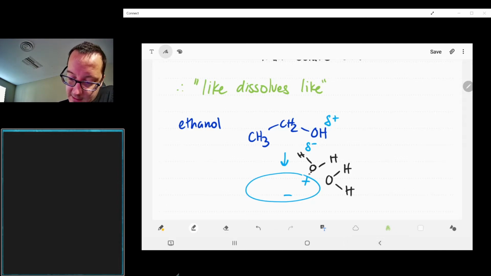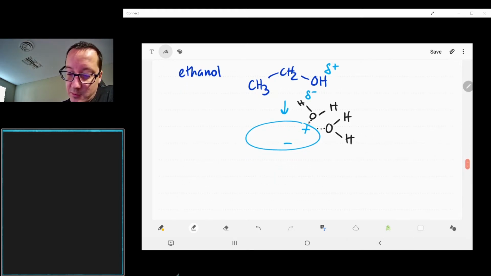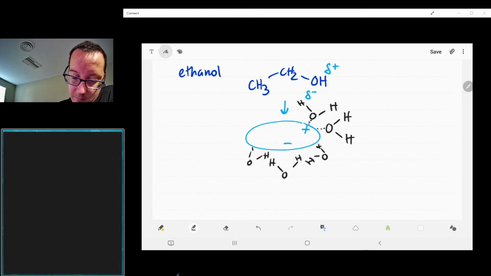In this case, the negative oxygens are attracted to the positive hydrogen there, or whatever it is in your molecule. And it's the same thing for the other side of things, where we have these hydrogens that are going to be attracted to the negative side of things.